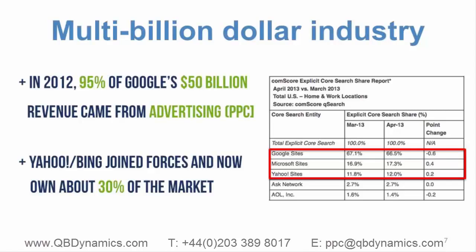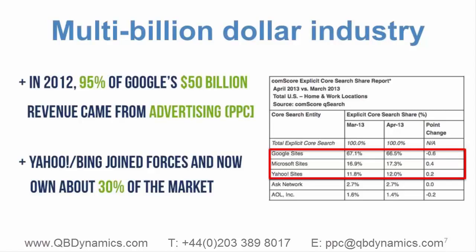You can see in 2012 that 95% of Google's $50 billion in revenue came from advertising. This is absolutely massive, and it's a massive opportunity for those search engines to really create a cash gusher in the form of this PPC advertising. As I mentioned earlier, Yahoo and Bing have joined forces and now own about 30% of the market.